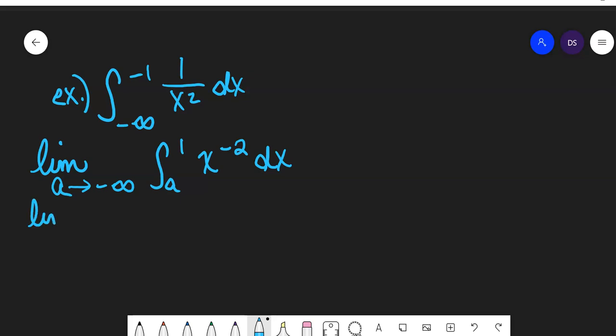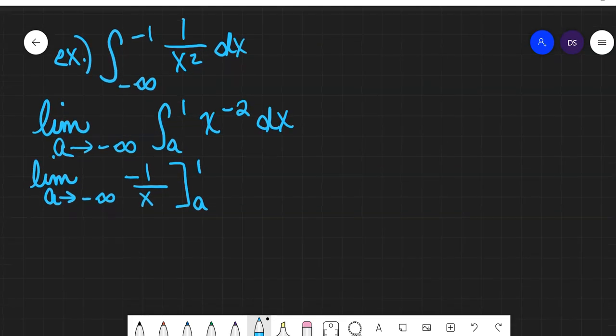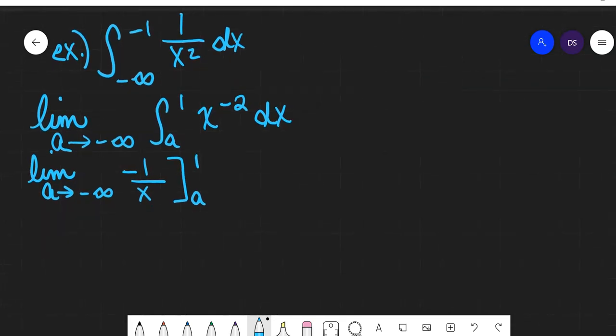And again, we don't drop the limit notation until we've substituted in the negative infinity. So this integral would be x to the negative 1 over negative 1, which would be negative 1 over x.